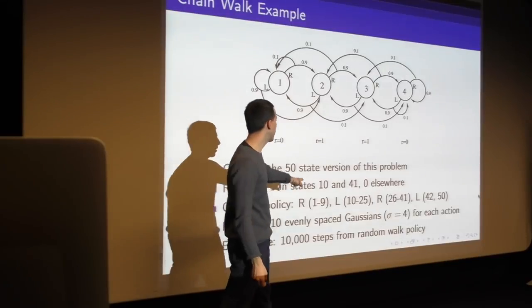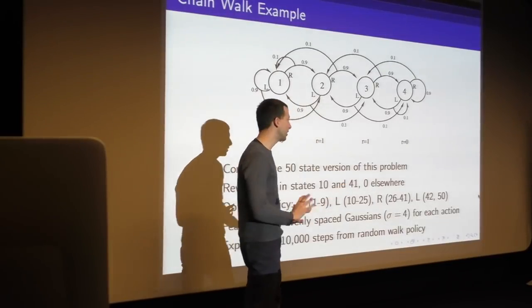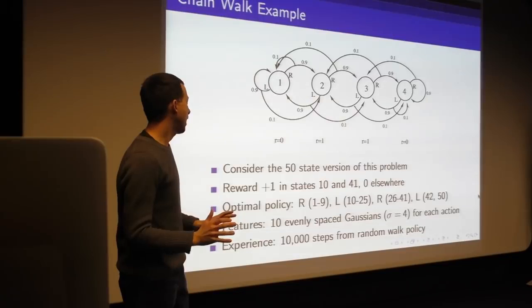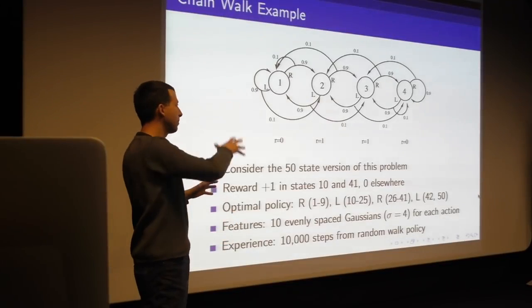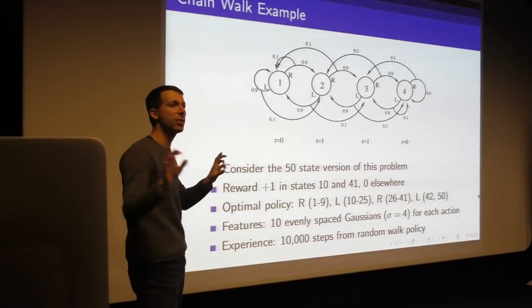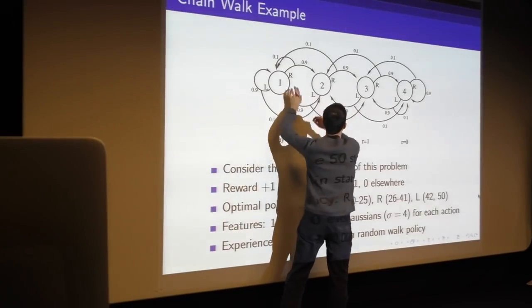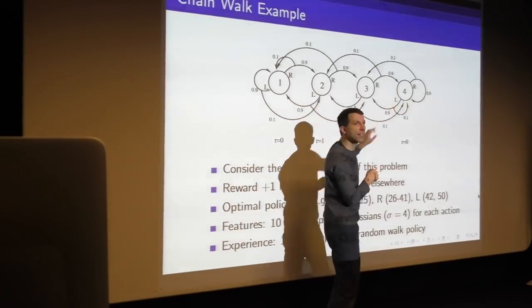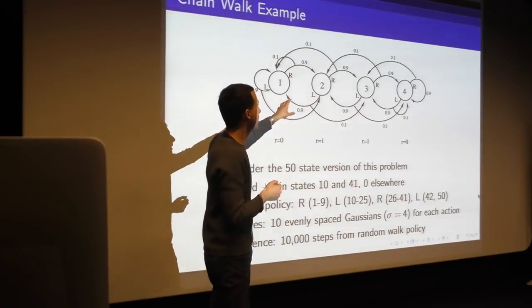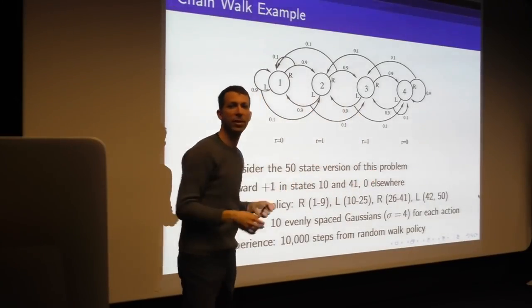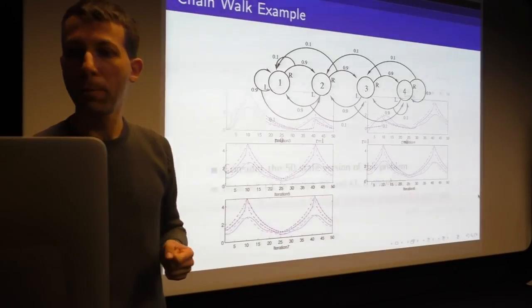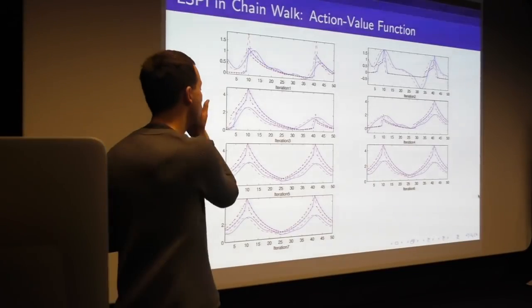So there's a reward of +1 if you reach state 10 and state 41, otherwise no reward. We're going to use function approximation with radial basis functions, some Gaussians spaced around, generalizing across some of these states. So we don't have a separate value for each of these states, we're going to generalize across them. And now we're going to apply LSPI to this chain walk.